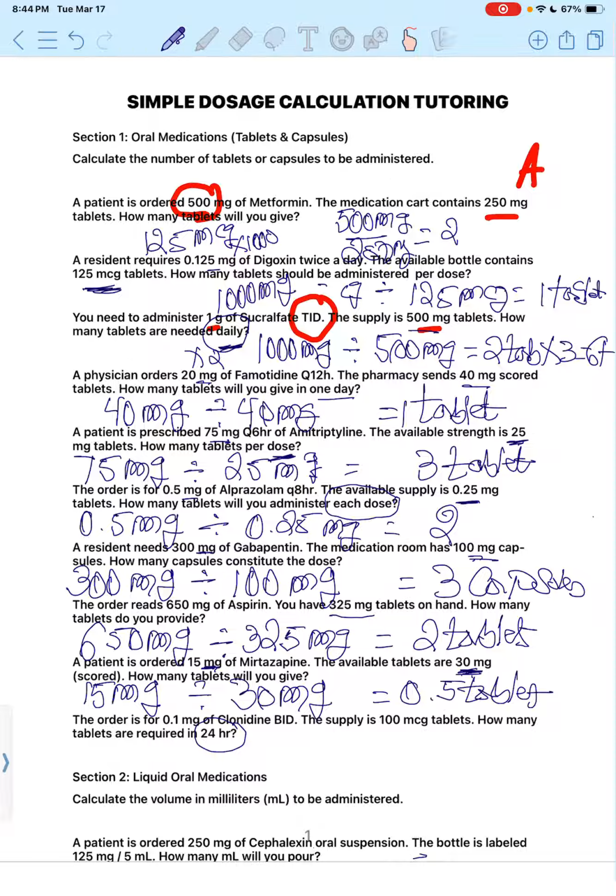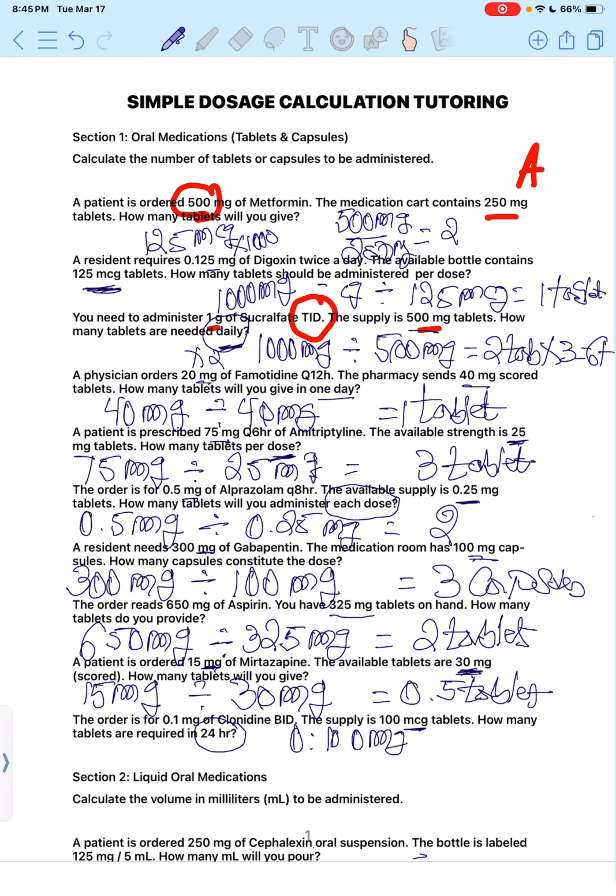So I got 0.1 milligram, but right here I got microgram. Be careful. You cannot divide 0.1 by 100 microgram. No. You have to make sure milligram and microgram match, so you have to change one of them. So I'm going to move my order from milligram to microgram. I multiply that by 1,000. Once I do, my order will become 100 microgram.